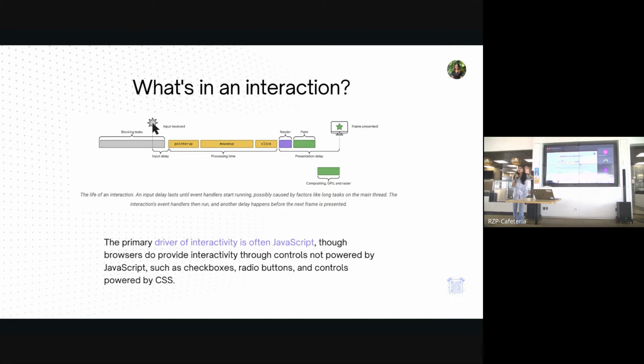For INP, the interactions that are considered are, number one, a click, number two, a tap on a screen, and third, keyboard interactions. These are the three interactions they consider. Now, these interactions themselves are broken into three segments: the input delay, the processing time, and the presentation delay.